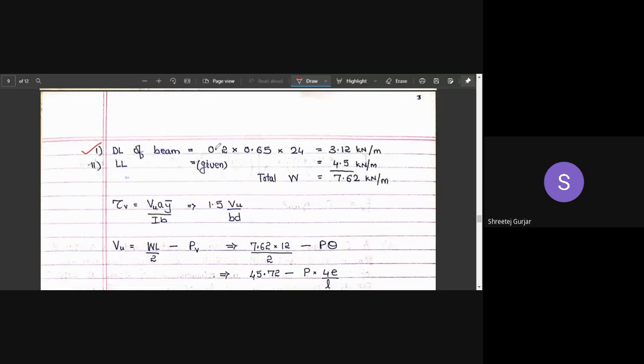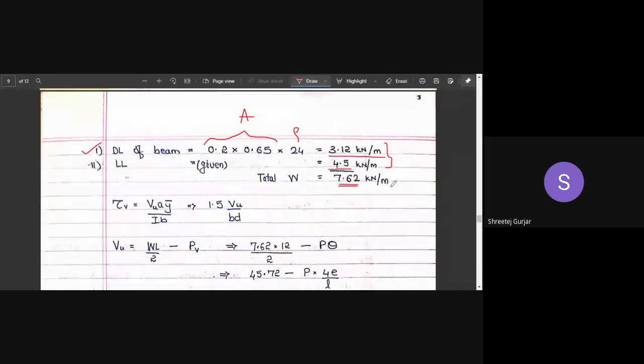The dead load of the beam is the cross-sectional area of the beam times the density of concrete. This is the dead load acting on the beam. Then the live load is given to us, it is 4.5. The summation of these two is the total load, that is 7.62 kilonewton per meter.